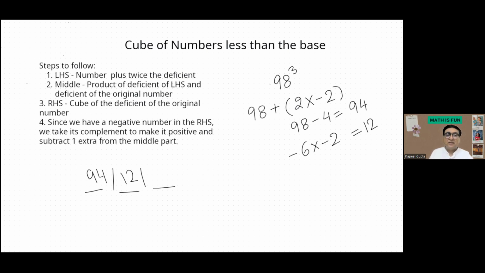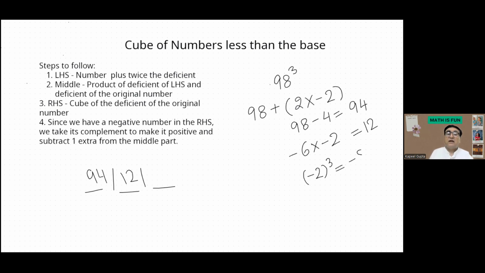Now coming on to the right hand side, it says cube of the deficit of the original number. Now the original number was 98. Now its deficit was minus 2. So if I calculate the cube of this number, I will get minus 8.